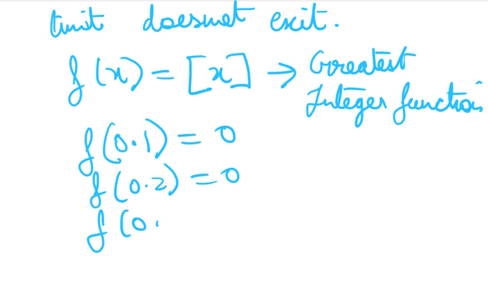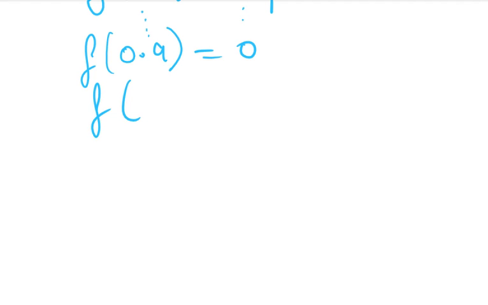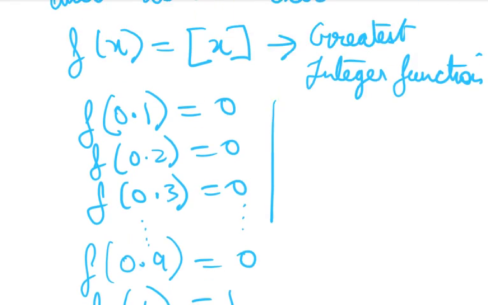F of 0.3, you still get a 0. Like that, if you go on to f of 0.9, you still get a 0. Only at f of 1 you will get a 1.